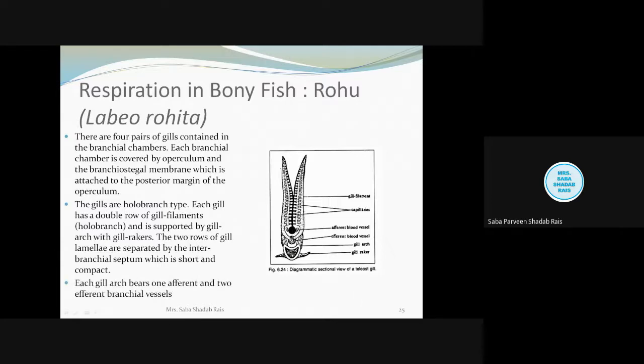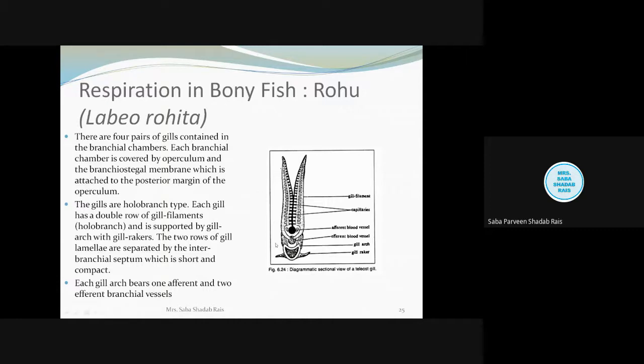Now the gill arch bears the afferent and the efferent artery. Students, note down the terms afferent and efferent. Afferent is a vessel which brings blood towards the organ, any organ. A for afferent. And efferent takes the blood away from the organ, that is exit, E. It could be a lymph vessel, anything.